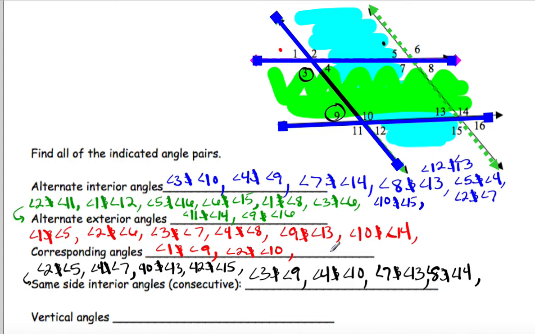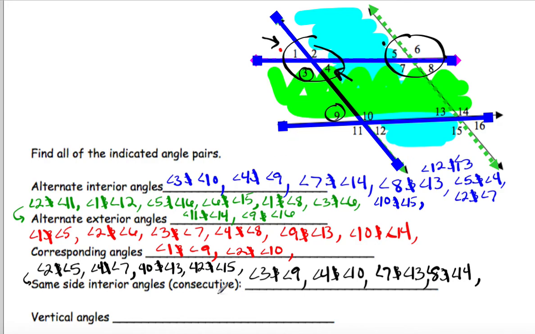And then verticals. Notice each of these pairs had one angle from, like this is a set of 4 and this is a set of 4. It would have one from each one. But when you're naming vertical angles, you're going to be naming 2 that are in a group of 4.